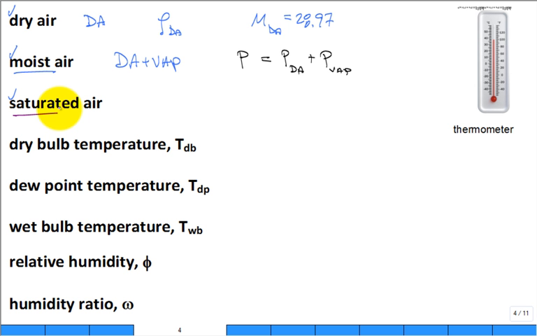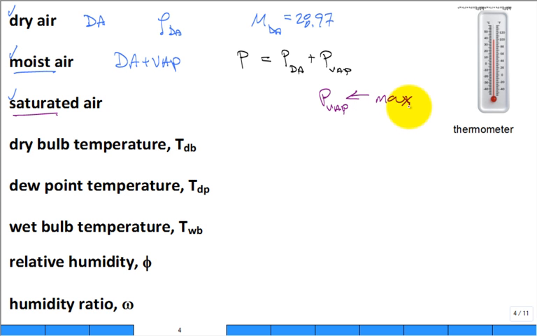It can't hold it. It'll condense. It'll actually turn sometimes into a fog. You'll see the water droplets like little white things that'll block up your vision, not as transparent. But this is now saturated. So the key is the pressure of the water vapor in the air reaches some sort of maximum.